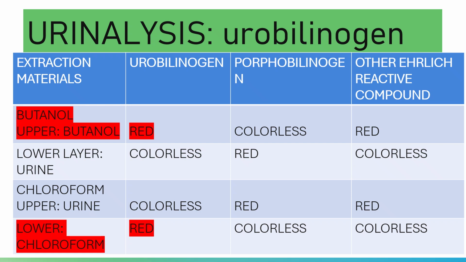In the procedure for the Schwarz-Watson differentiation test, first is 2.5 ml of Ehrlich reagent plus 2.5 ml of urine, and then add 5 ml of sodium acetate, and make sure that the pH is at 4.5.